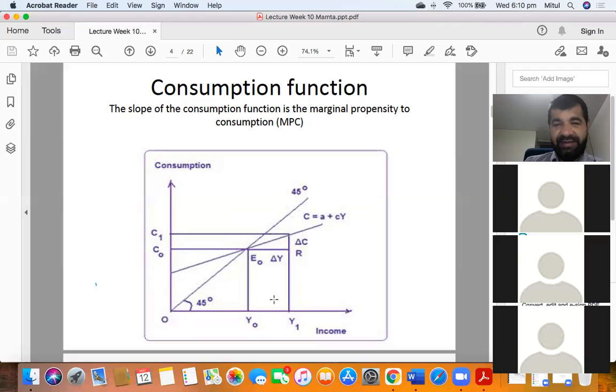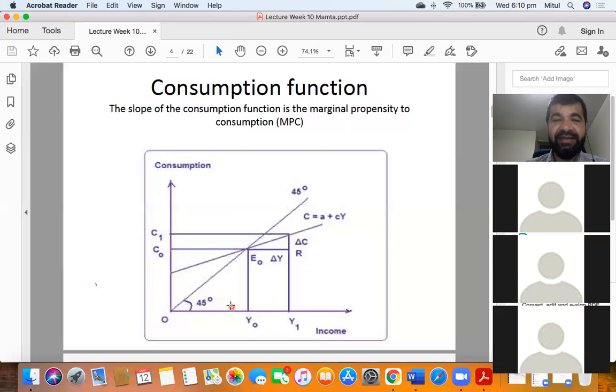Maybe I can use some annotations so you can see it better. Not the mouse, the spotlight, that's better. Now you can see that it starts from this point. So this much is your autonomous consumption, C0.